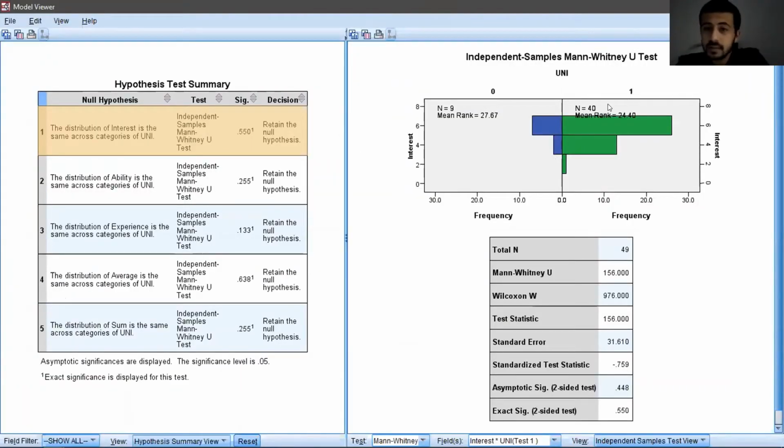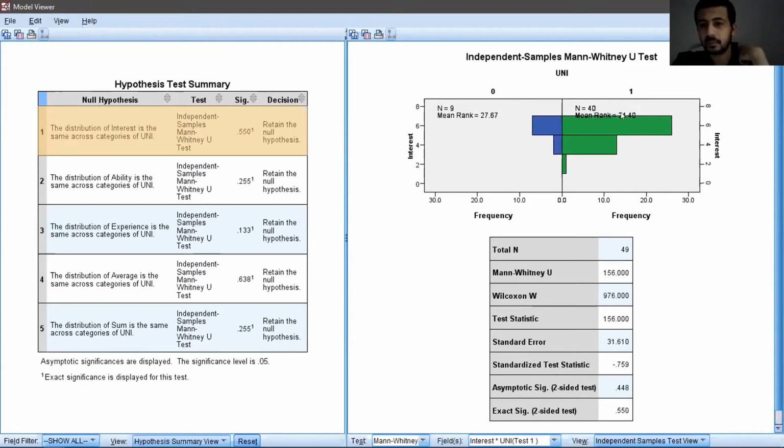What is this? This is a histogram for the 2 groups, flipped to be beside each other. This is a histogram for uni 1, and this is a histogram for uni 0. You can see that they are not different. They have the same skewness. Do you remember that I told you that there is an assumption for Mann-Whitney tests that I have the same distribution? Instead of splitting the file and doing a histogram for each one of them, I can do the test and, by clicking on it, receive this.